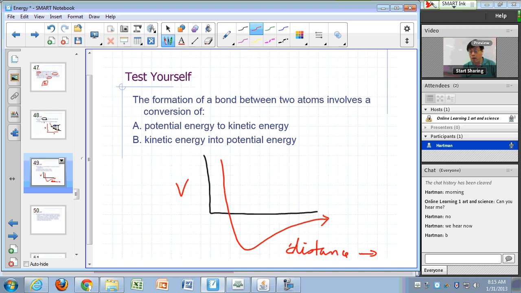So is it A or B? Here's a hint. When they're forming a bond, are they going from big separation to little separation, or from little separation to big separation?